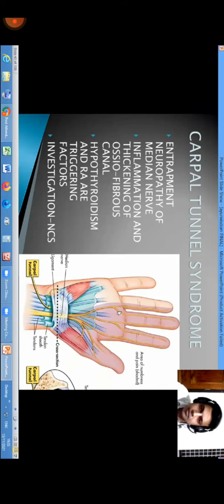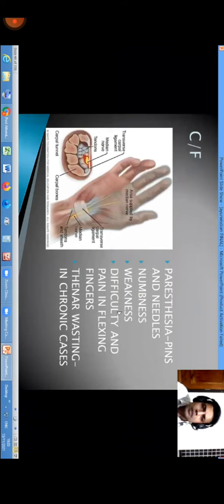Investigation: the confirmatory investigation is NCS. Otherwise, we can diagnose it clinically. There will be paresthesia, pins and needles sensation, numbness, weakness in the 3.5 fingers supplied by the median nerve, and difficulty and pain in flexing fingers, and thenar muscle wasting can be seen in chronic cases.